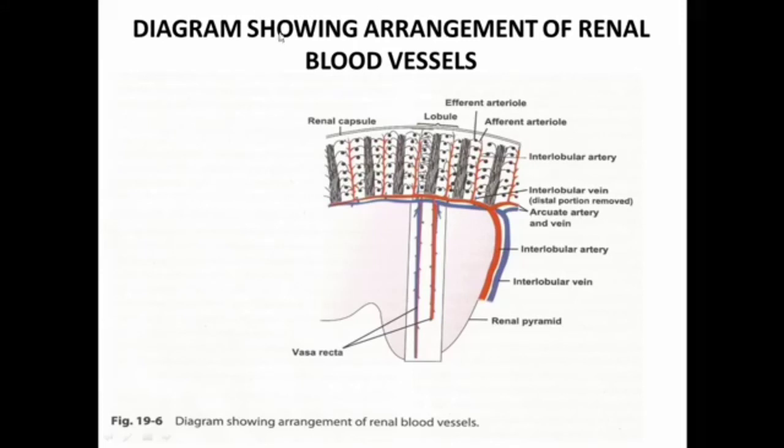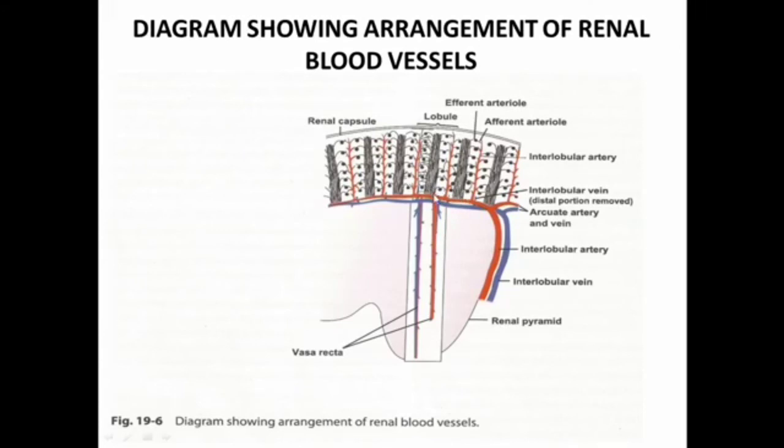But what happens here in these renal corpuscles? The efferent arterioles in this region, which is just the juxtamedullary region, are not going to these peritubular capillaries.